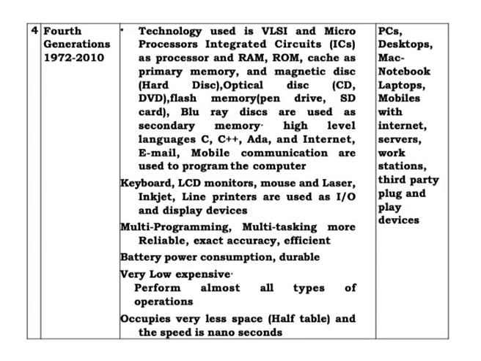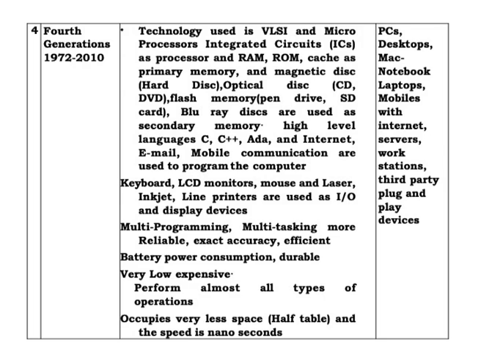Then came the fourth generation of computers, with more advancement in technology. They used VLSI, microprocessors and integrated circuits as the processor, and RAM, ROM and cache as the primary memory, and magnetic disks, that is hard disks, optical and magnetic disks, CDs, DVDs, flash memories, pen drives and Blu-ray discs, so very big storage capacity started coming in.